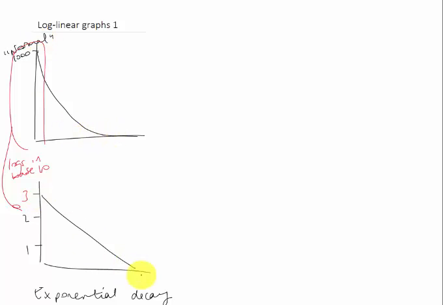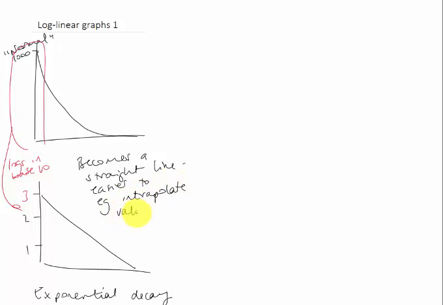So it's not a curve, it's a nice straight line. So this is easier to deal with, for example, if you're trying to interpolate numbers from it. That's an exponential decay.